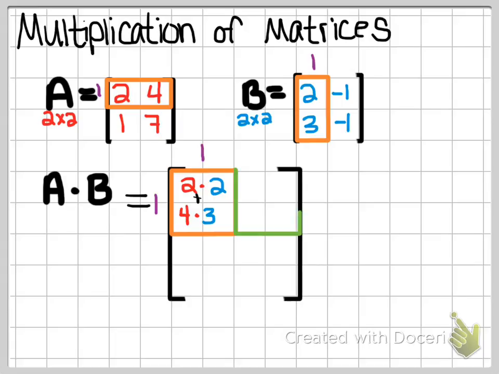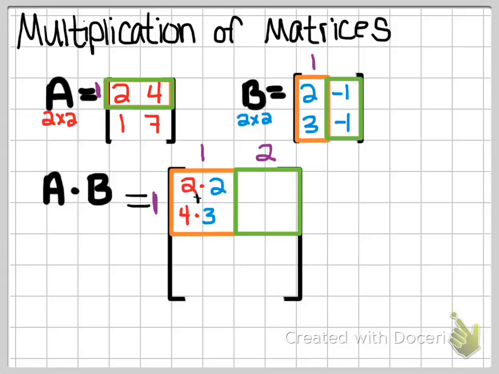The second element that I need to find of my answer matrix is going to be in row 1, column 2. So I need to find my first row of matrix A. Well, that's highlighted again. So I need to find my column 2 of matrix B. And that's right there. Following the rules, I'm going to be multiplying matching members of the matrices, matching elements.